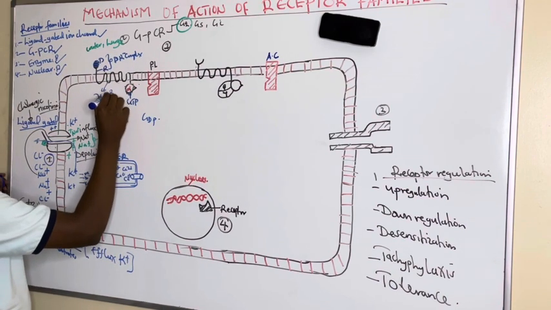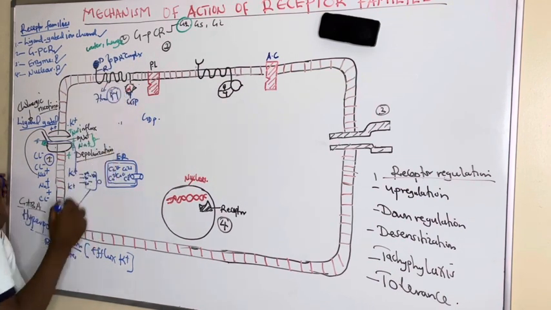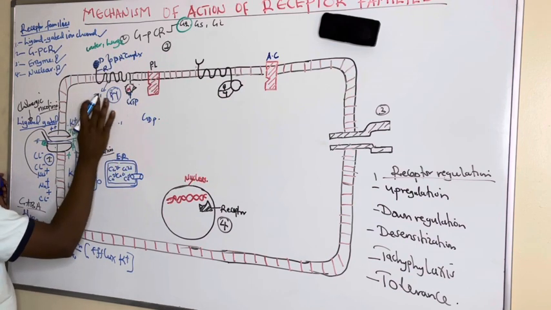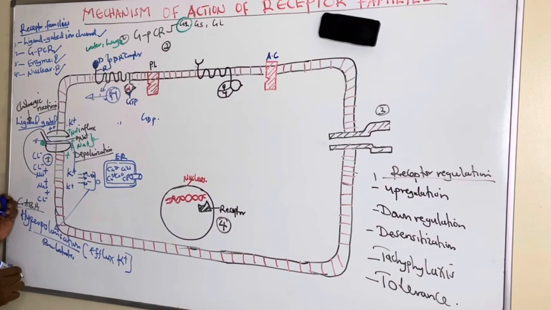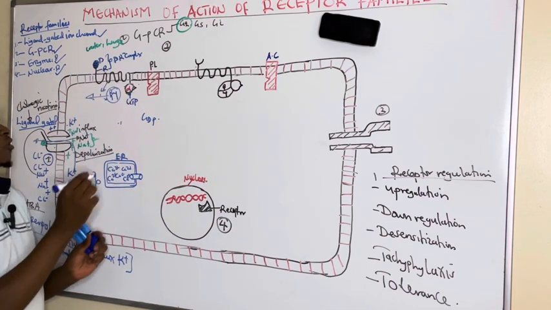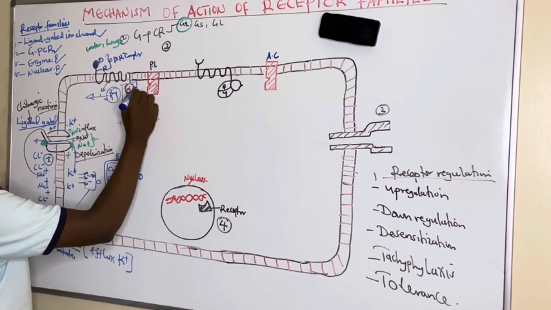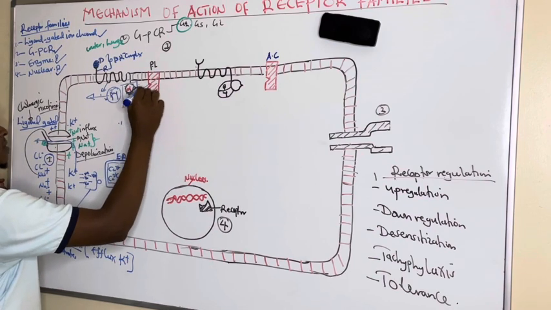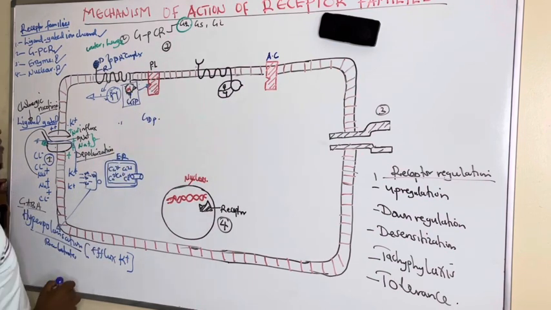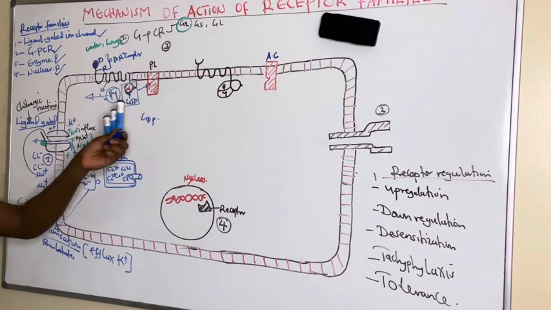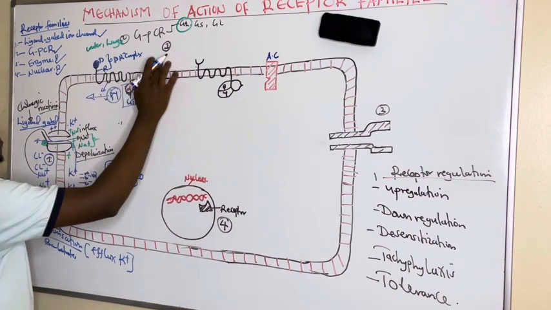So beta and gamma subunits are cleaved off and move away. We remain with the alpha GTP complex, and this alpha GTP complex goes and activates inactive phospholipase.